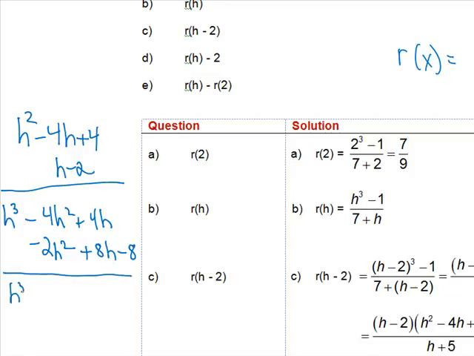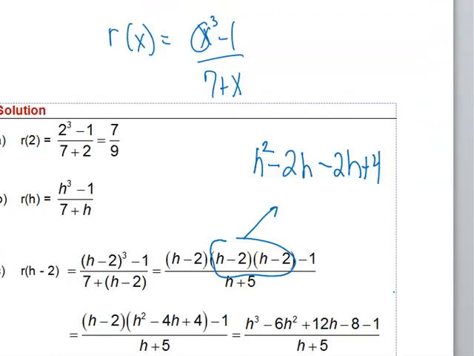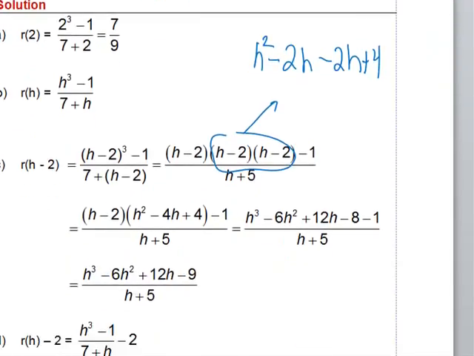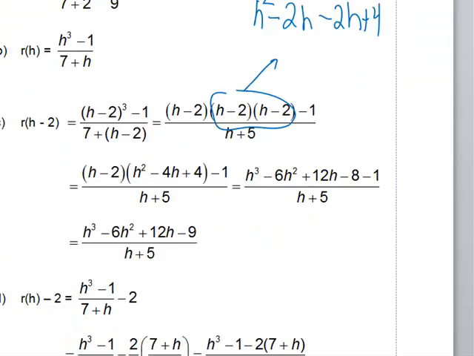And so now I get h cubed minus 6h squared plus 12h minus 8. And you'll notice that's what I have over here. And then don't forget to slap on the minus 1 and put that all over h plus 5. And if I do just that combination of minus 8 minus 1 gives me minus 9.